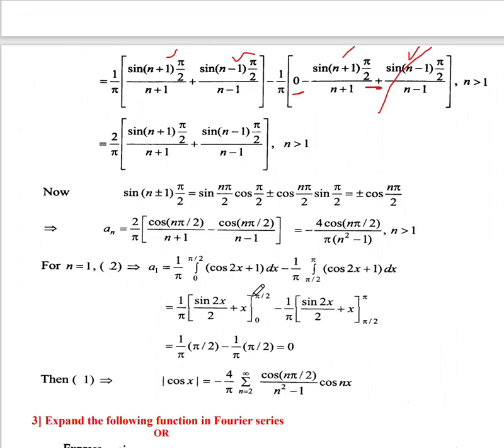Taking the integration, we get 1 upon π times sin 2x divided by 2 plus x, with limits 0 to π/2, minus 1 upon π times sin 2x divided by 2 plus x, with limits π/2 to π. Now put upper limit minus lower limit.